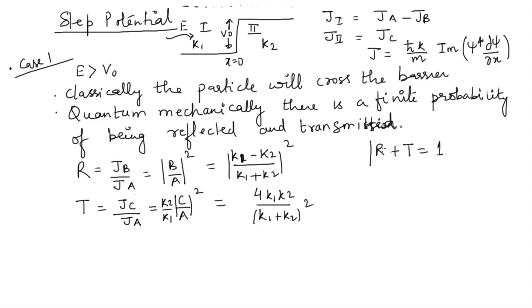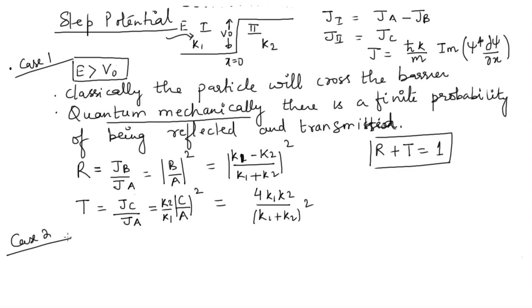All these things we have proved in the last two lectures. These two coefficients show that R is finite and T is finite. So quantum mechanically, there is a finite probability of being reflected and transmitted when the energy of the particle is greater than V naught.